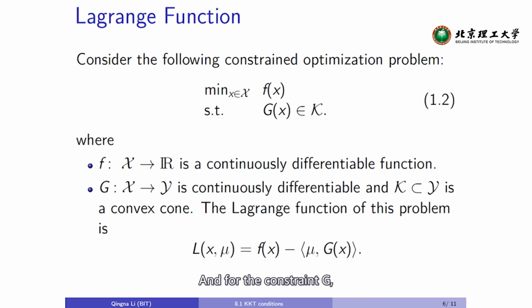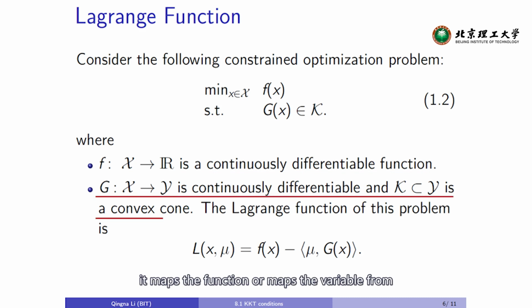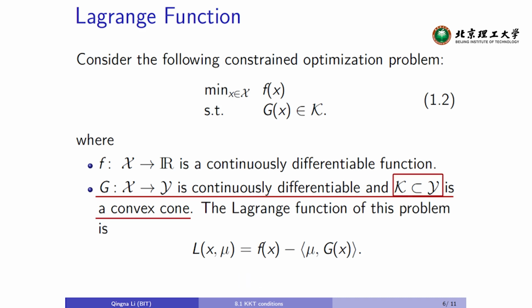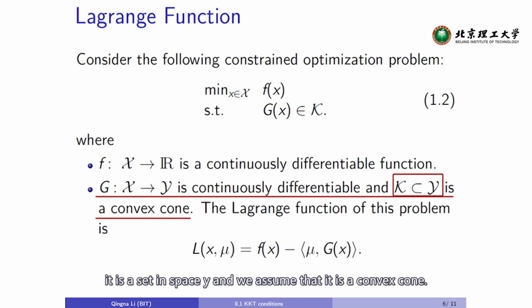The constraint function g maps the variable from space X to another space Y, and is also assumed to be continuously differentiable. The set K is a set in space Y, and we assume that it is a convex cone. From this point of view, this problem is a conic programming problem.